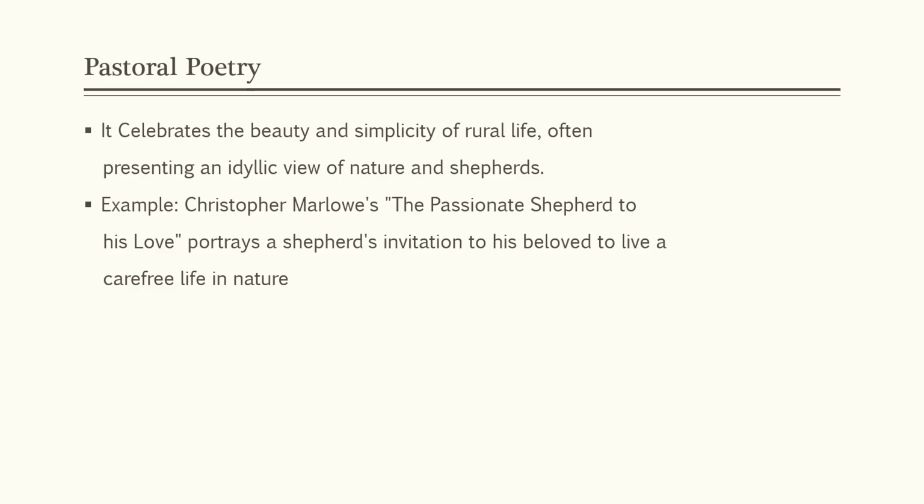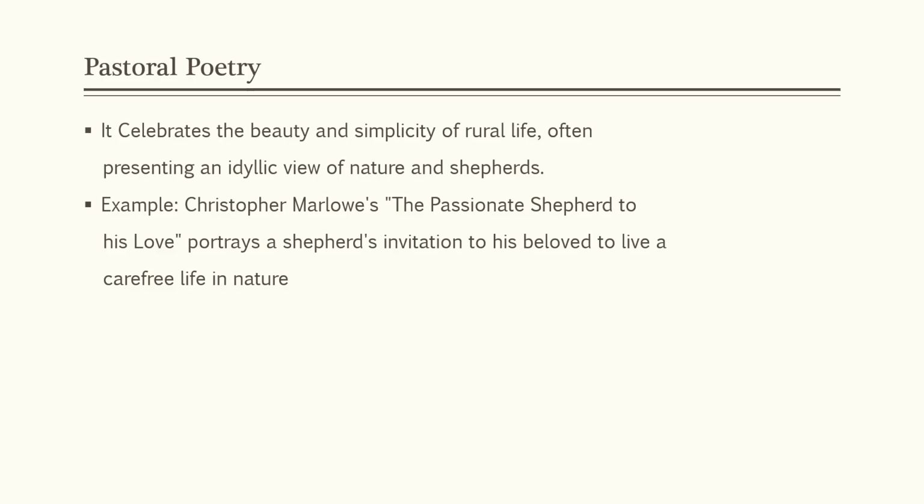Let me give you an example. It is Christopher Marlowe's The Passionate Shepherd to His Love. It portrays a shepherd's invitation to his beloved to live a carefree life in nature. In this poem, a shepherd invites his beloved, the loved one, to live with him in nature. He uses imagery like valleys, hills, flowers, and rivers.